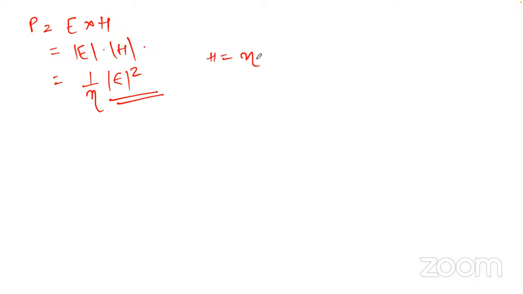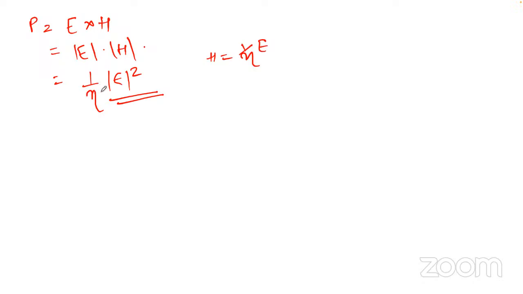The amplitude you will get is mod of E dot H, or there is another way: 1 by eta into mod of E squared, because H equals 1 by eta E. So what is eta? Not the permittivity of free space.